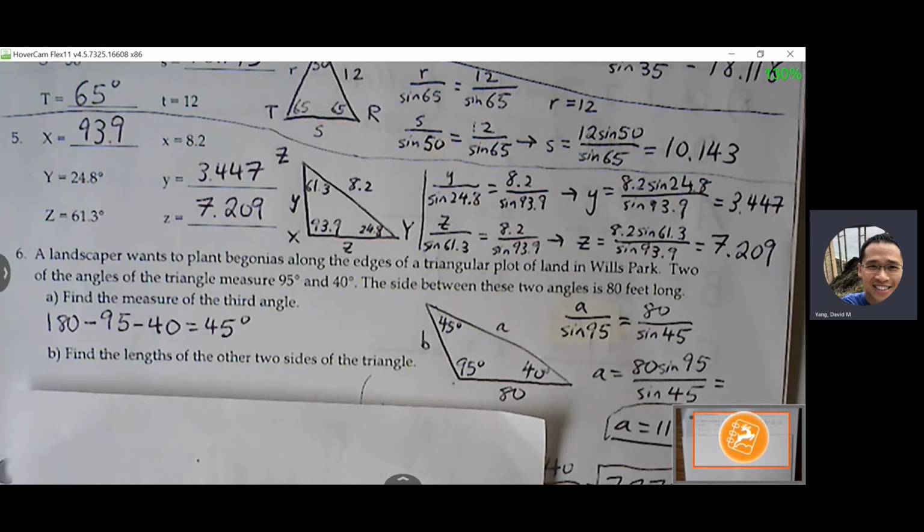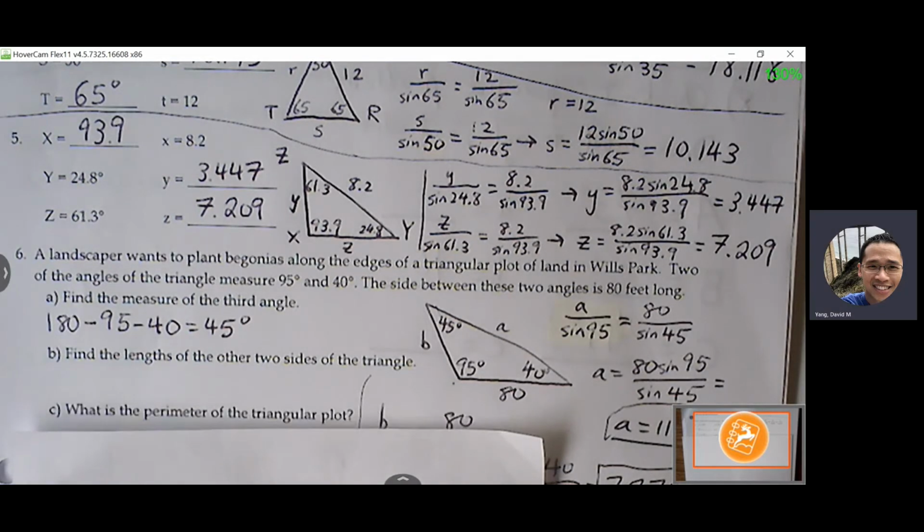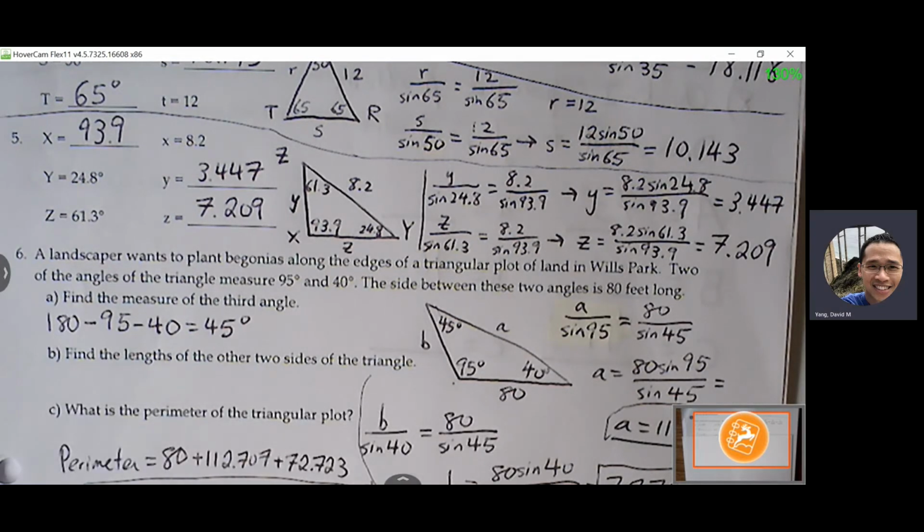So number 6, you're going to draw a right triangle, very similar to number 5, where you know that one angle is going to be an obtuse angle. Fill out the other sides, and then we just have to find the missing sides. And then part C is just asking for the perimeter of the triangular plot.